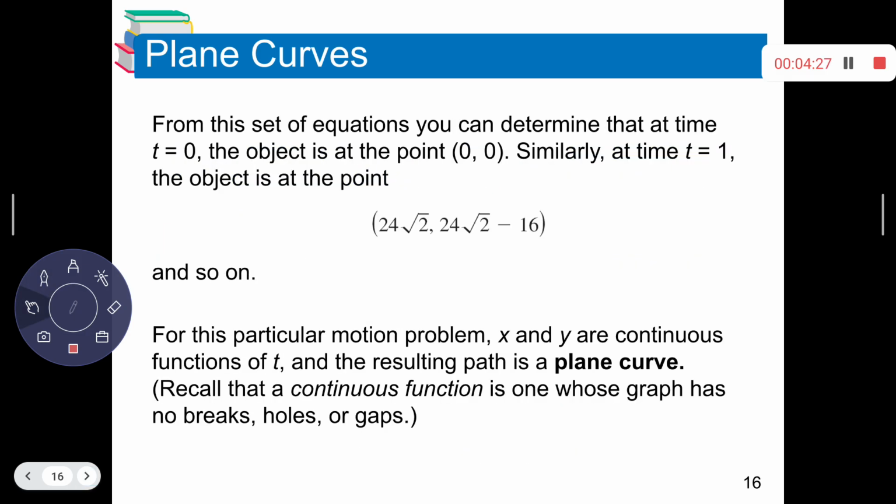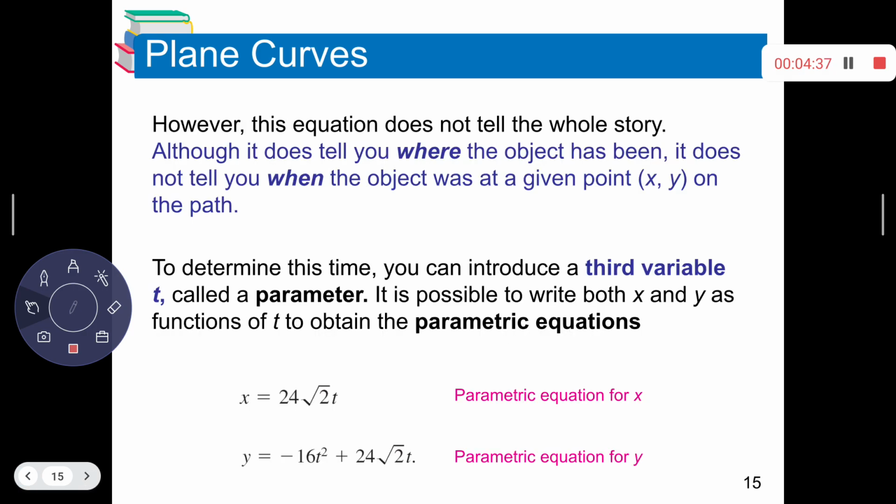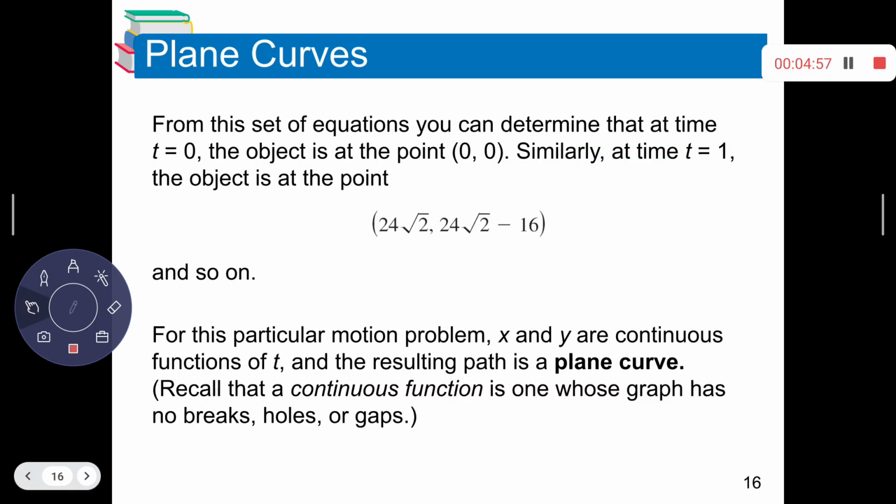All right, so from this set of equations, you can determine that at time equals 0, the object is at 0,0. So if we went back and we let t equal 0, we would get x equals 0 and y equals 0. It's very messy, but that's okay. You get the idea. All right, and so on. You can pick any time, plug it in, figure out the x position and the y position at a certain time.